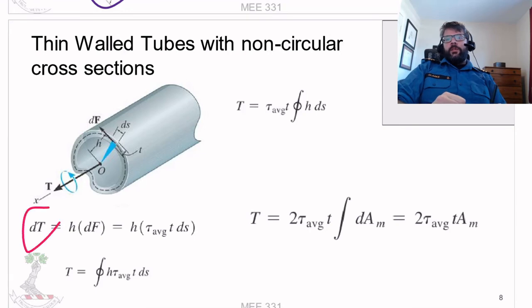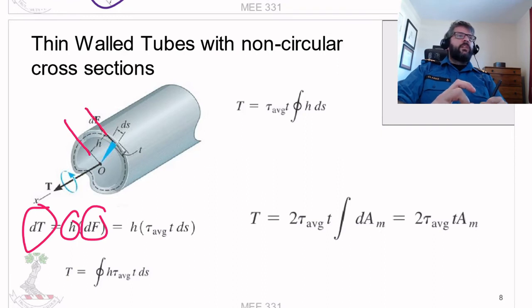The amount of that torque is equal to that force vector times the moment arm, h. Here h is the perpendicular offset to the centroid, based upon the directionality of the force.